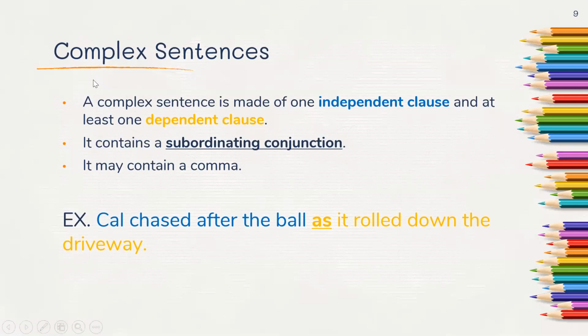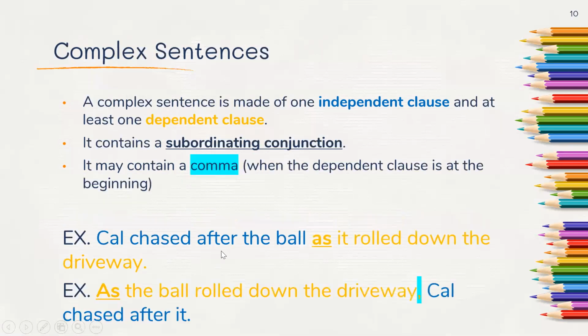The other thing that I had put up here about complex sentences is that it could contain a comma. And as you can see in this example, there are no commas, right? So when do you need a comma? How do you know if you need a comma or not? So if I flip and put the dependent clause first, then that's when I need the comma.